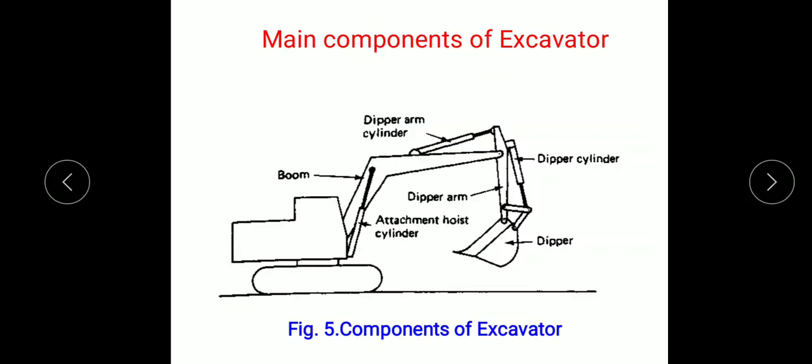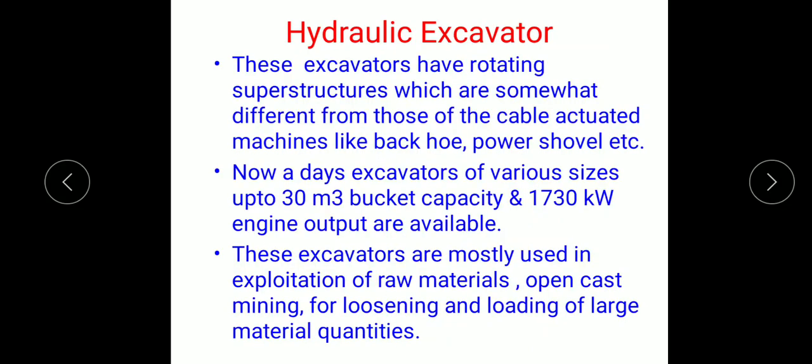This is a revolving superstructure to which the boom is attached, and attachments are also provided for the arm. Here we can see the dipper arm cylinder to which a dipper cylinder is attached, and this is the dipper arm, and this is the dipper or bucket which is used for excavation. These are the main components of an excavator.